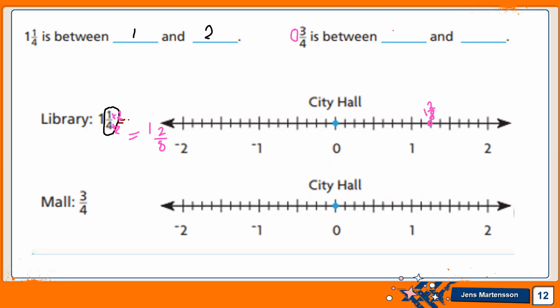No. So that means it's 0 and 3/4, so it will be between 0 and 1. Three over 4 is less than 1.